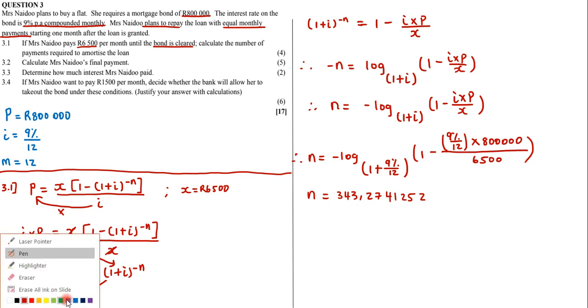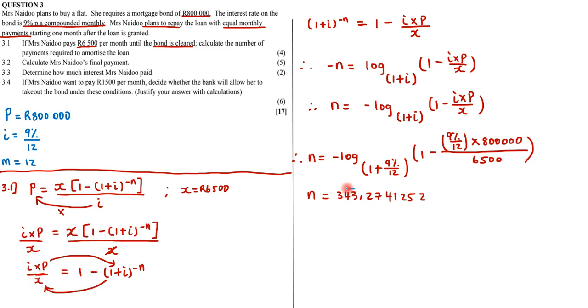Now what does this number mean? Basically what this number means is that the whole number that you get here, those were the full 6,500 Rand payments that Mrs. Naidu made, right? Now the number that came after the decimal tells you that this last payment was less than 6,500, right? Do we know what the value is at the moment? No, we don't. But we do know that this value is less than 6,500 Rand.